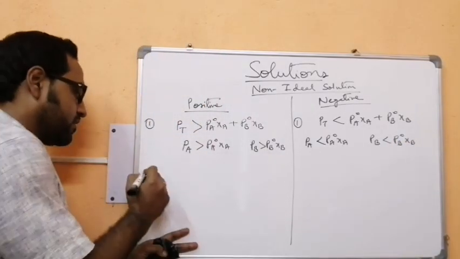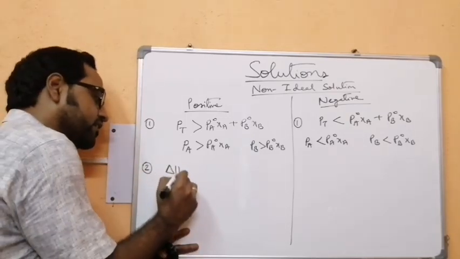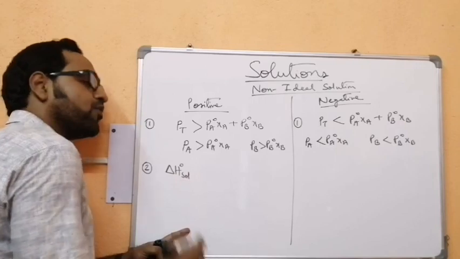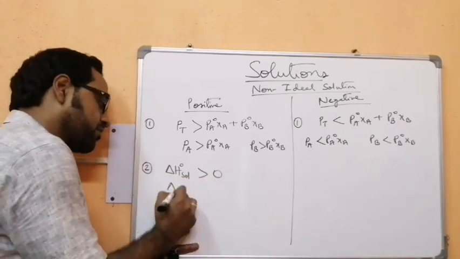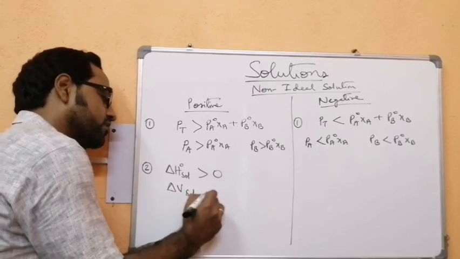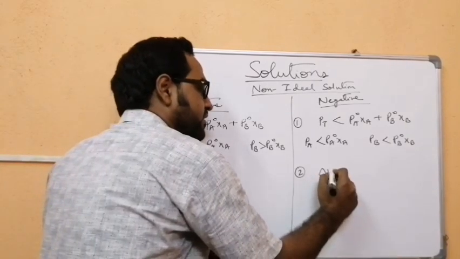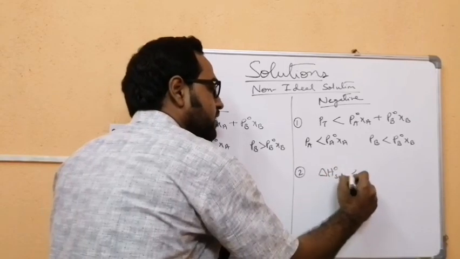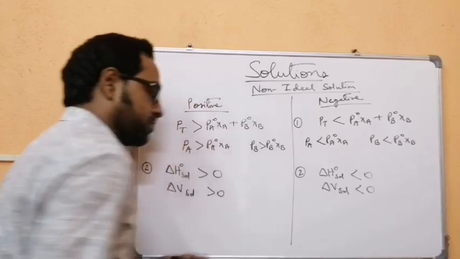Okay. Now the second factor, delta H solution. For such a solution, delta H solution will be greater than 0, and delta V solution will be greater than 0. For this one, delta H solution is less than 0 and delta V solution is less than 0.